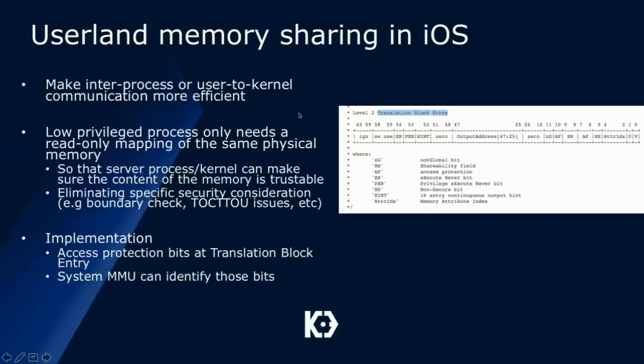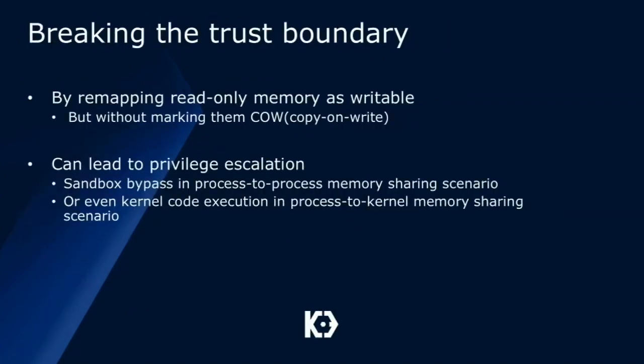Then the owner process or the kernel can eliminate specific security considerations, such as boundary checks or time-of-check to time-of-use issues. Its implementation at the MMU level is quite easy. In the table entry, it introduced the access protection bit, where you can find the specification document on the right side. I will not look into it in detail.